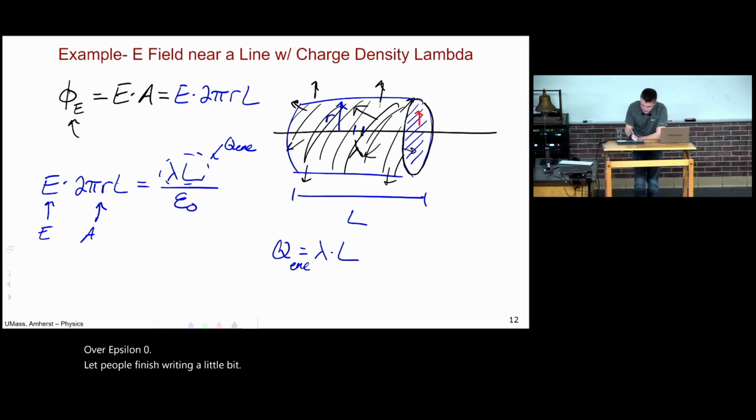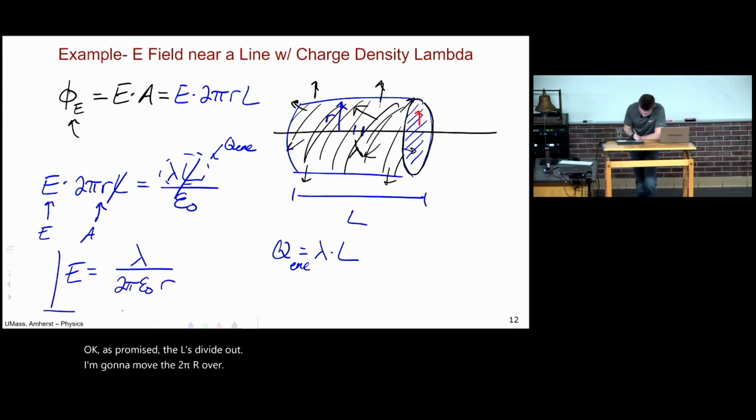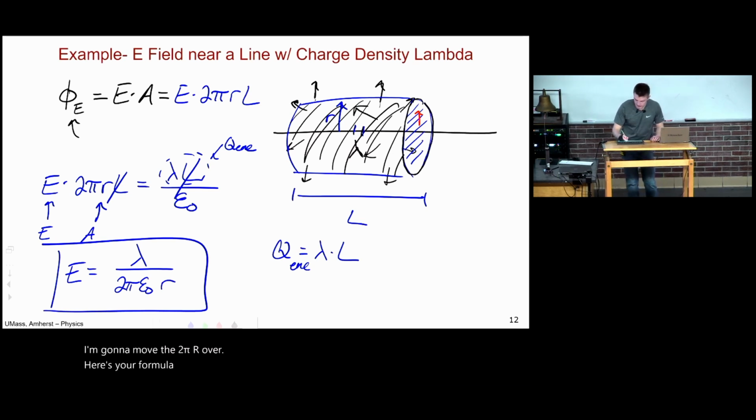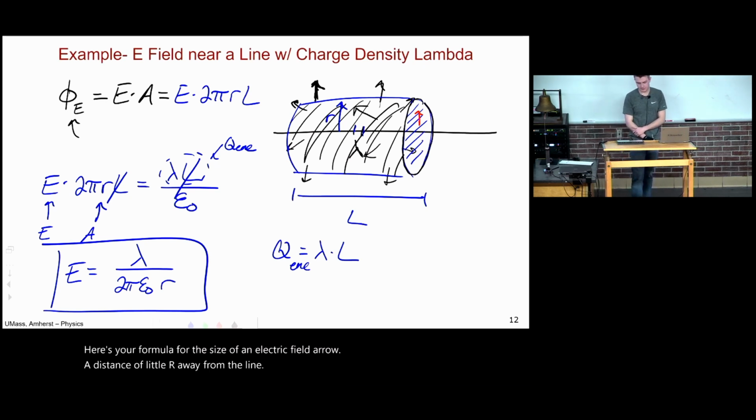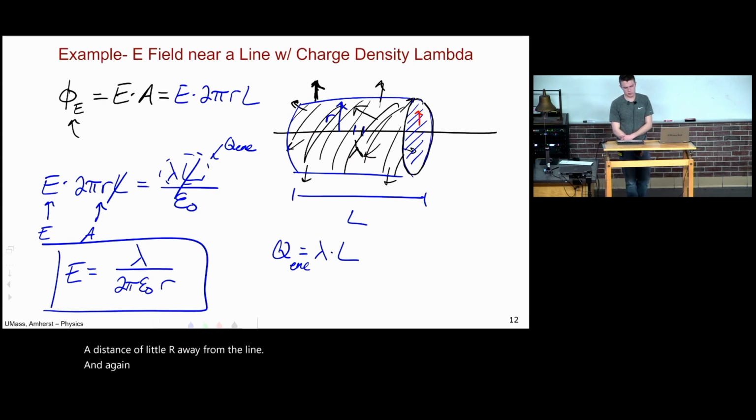Okay, as promised, the L's divide out. I'm going to move the 2 pi r over. Here's your formula for the size of an electric field arrow a distance of little r away from the line. In, again, effectively 1.5 steps.